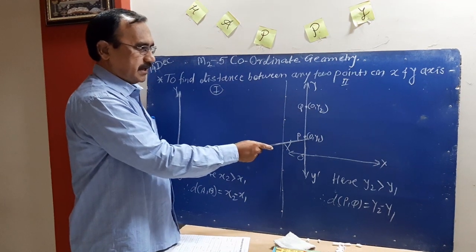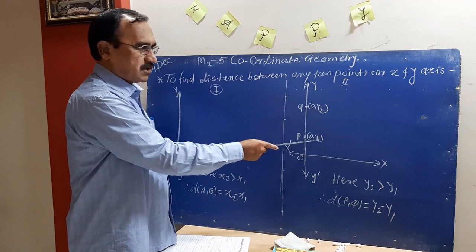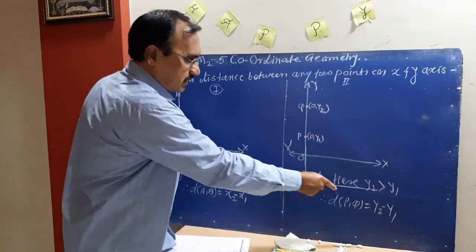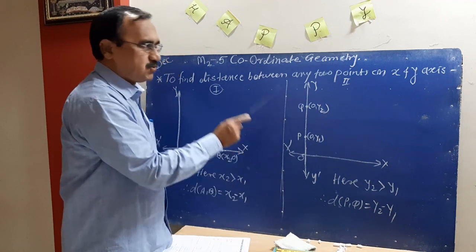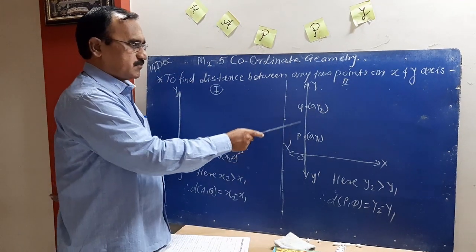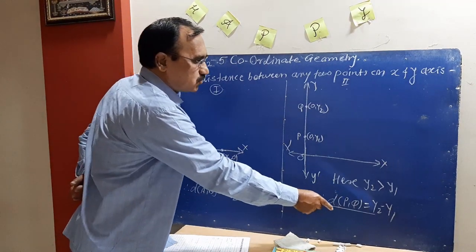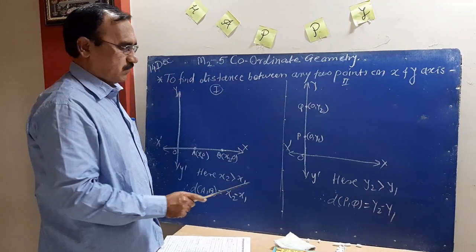Again here y2 is greater than y1, therefore the distance PQ, or the length of segment PQ, is equal to y2 minus y1.